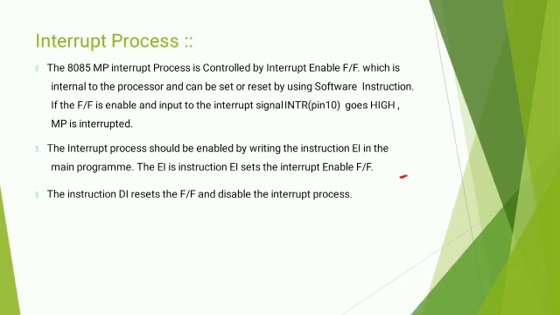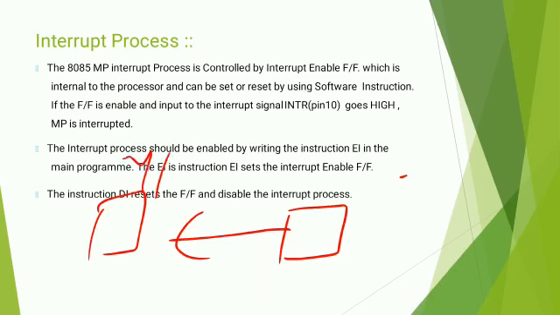If the flip-flop is enabled and the input to the interrupt signal INTR, pin number 10, which we have already discussed in the pin diagram, goes high, the microprocessor is interrupted. That means the interrupt controller will issue an interrupt to the CPU, or microprocessor, to indicate that it is now time to get attention from the CPU.